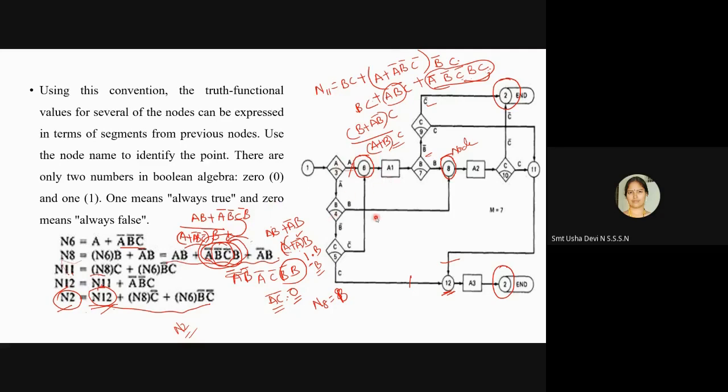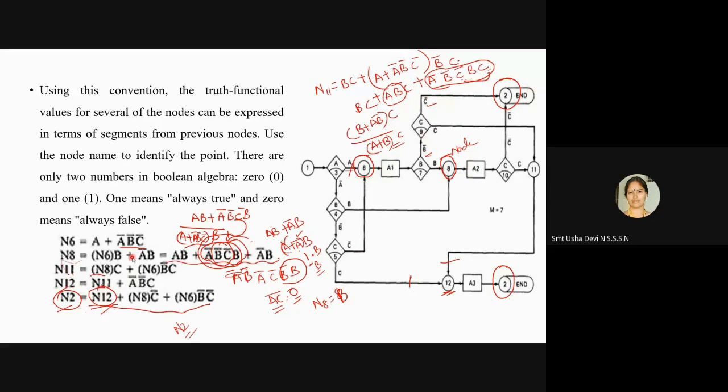So in this case, if you observe this point, N6 is equal to A plus A bar, B bar, C bar. And next come to the other node, the other junction. Why am I not taking the values of N2, N3? Because N2 is the end node that we need to compute at the end. If you take this N2, you need to evaluate all these intermediate nodes, right? So this N2 can be considered later.